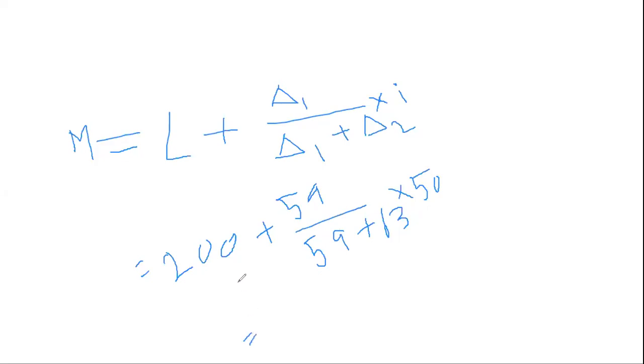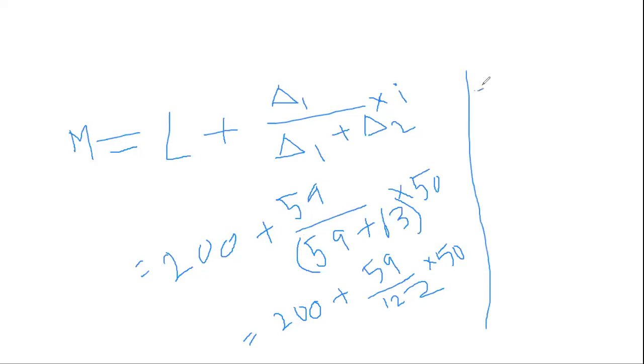It is equal to, as it is, you can put 200 plus 59 divided by 59 plus 63. How much? 122. 122 into 50. So it is equal to 200 plus.